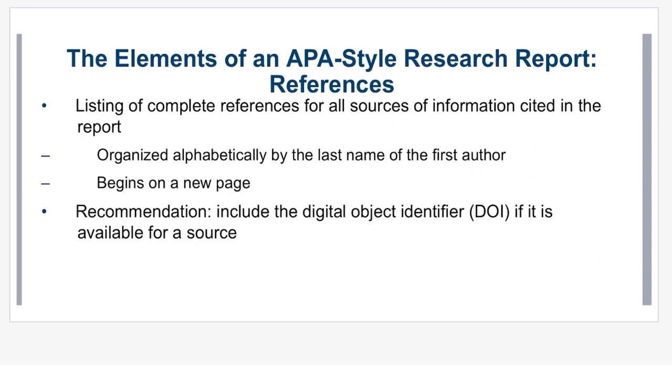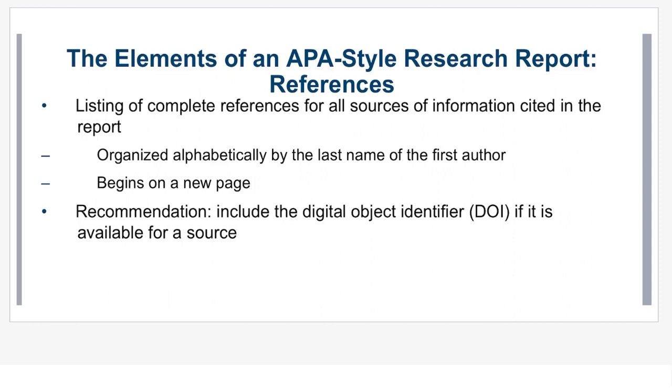If you feel like you need to include it for some reason, then it probably should have been cited in your paper. If you feel like this article is important because it relates to what I am talking about, or it helps support my research idea or my hypothesis, then you should have cited that in that section of your paper. Go back and put that citation in, and then you can include that in your references list.